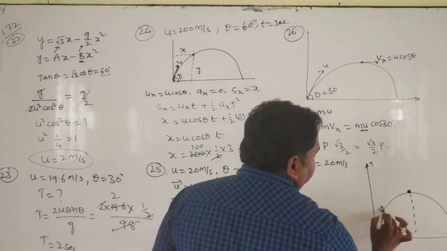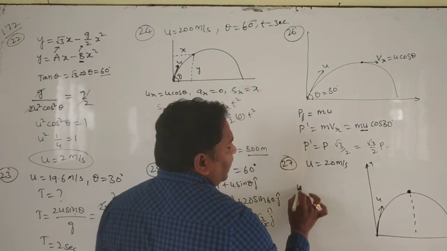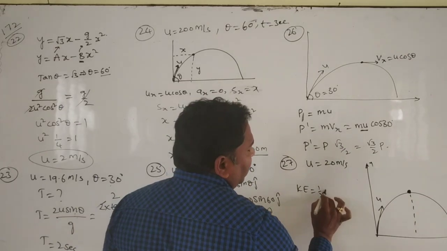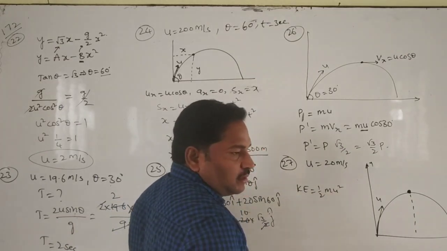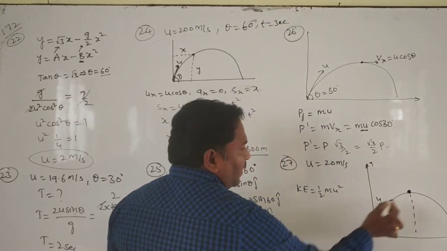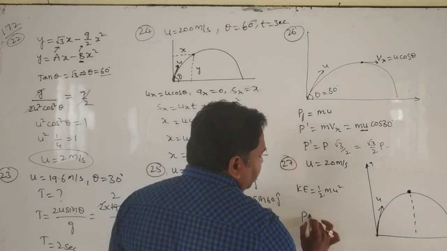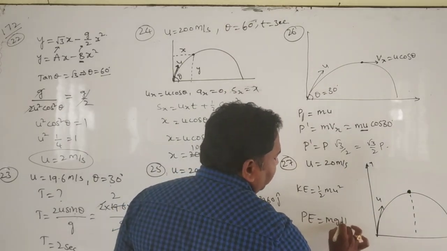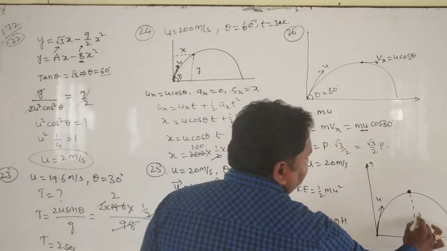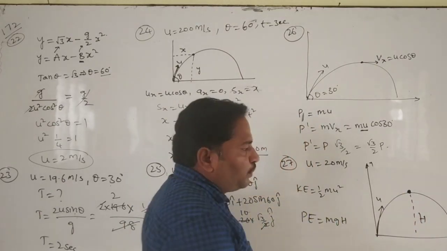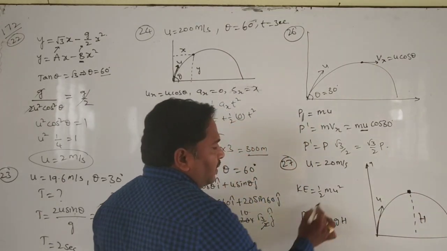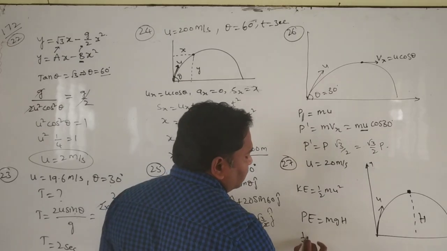So when we projected with u, what is the kinetic energy? Half mu square. What is the potential energy at the highest point? P is equal to mg into capital H. This is because at height h the potential at this point is h. This is equal to half mu square.